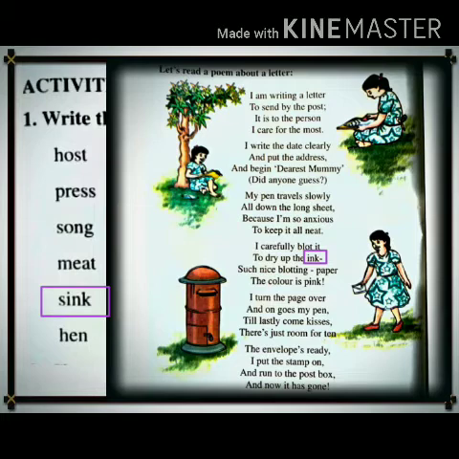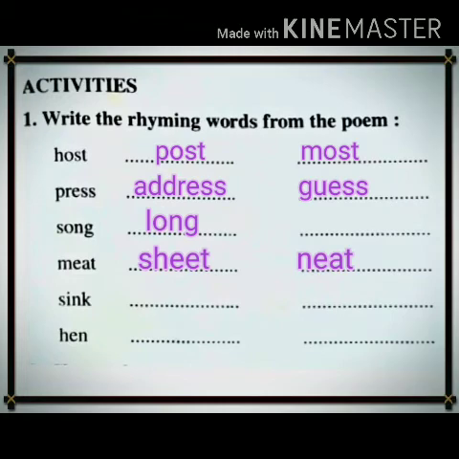Let's continue reading. Such nice blotting paper, the color is pink. Now notice this word, pink. So pink and sink both have the same end sound. So pink is also a rhyming word of sink. So ink and pink are the rhyming words for sink.